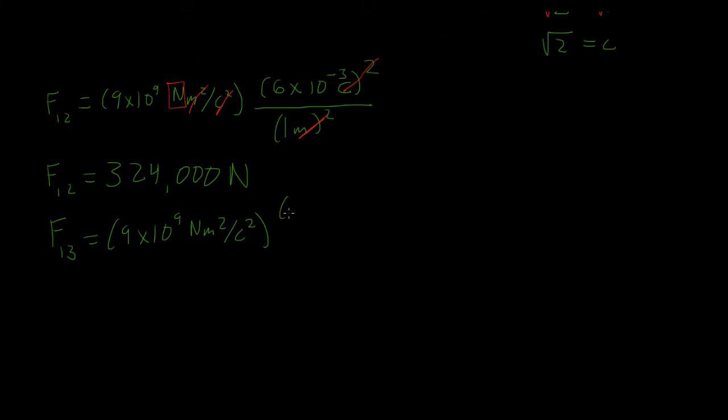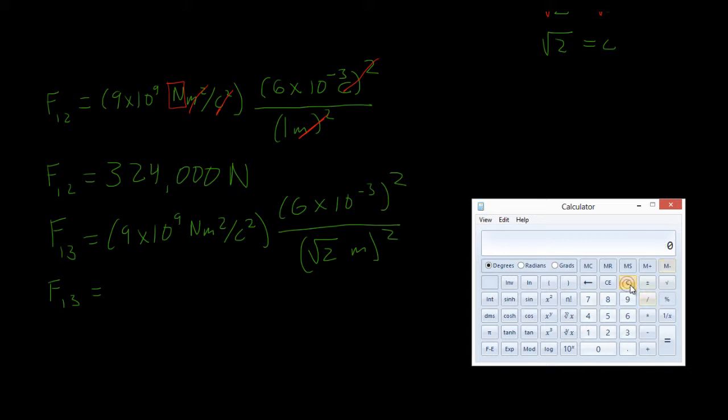Okay, both charges are still 6 millicoulombs, so I'll just square that. But the distance between them, remember, is the square root of 2 meters, and then we square that. So the force between 1 and 3 will be, we've got 6 with an exponent of negative 3.